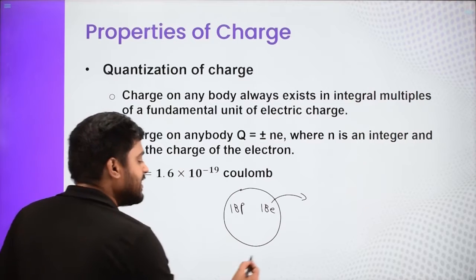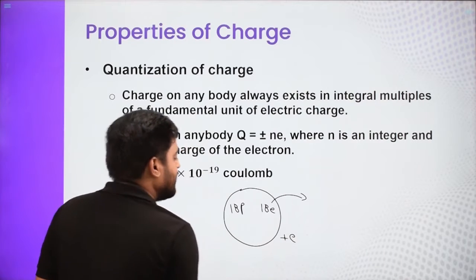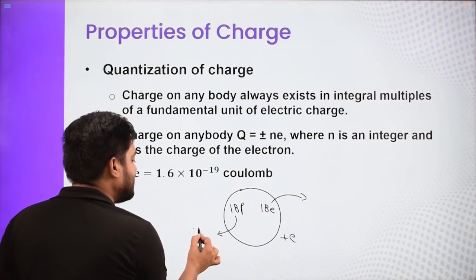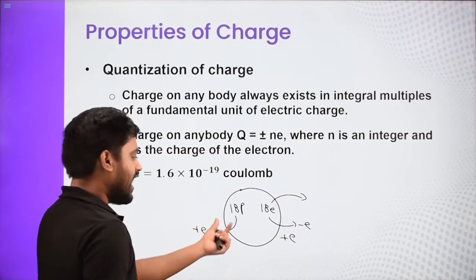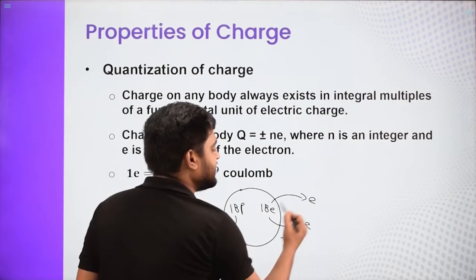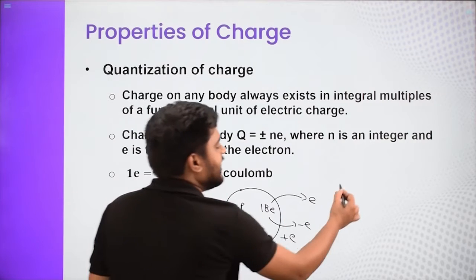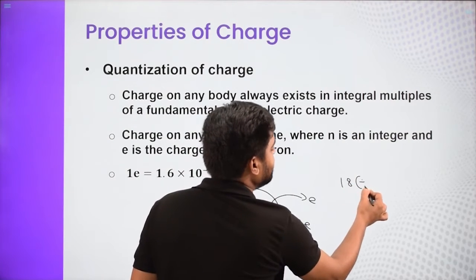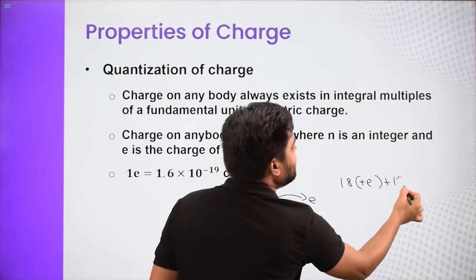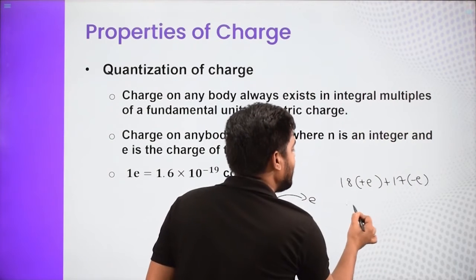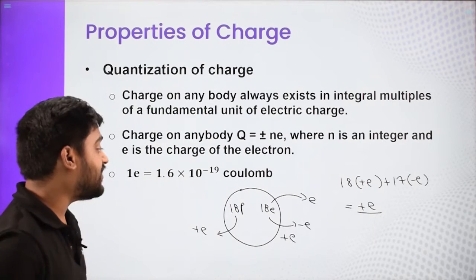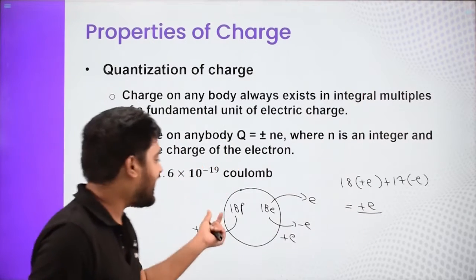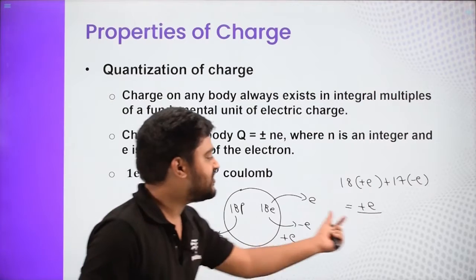So charge will be plus E, because charge on each proton is plus E and charge on each electron is minus E. So after one electron leaves it, the total charge is 18 times plus E plus 17 times minus E, and we are left with plus E charge. That is charge equivalent to one proton as excess charge, and this is now a positively charged object.